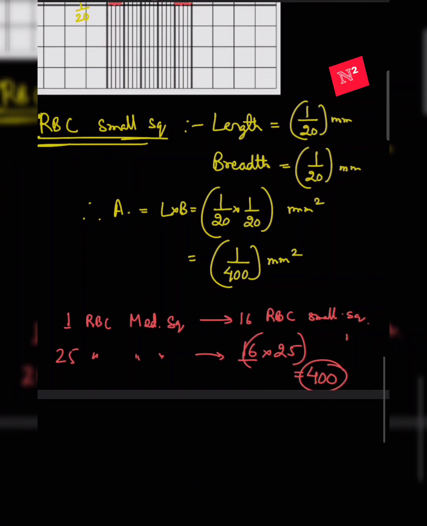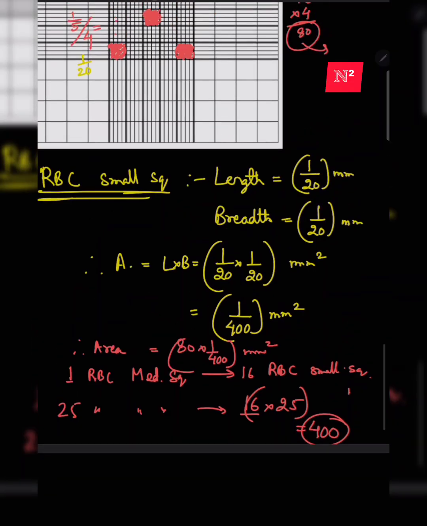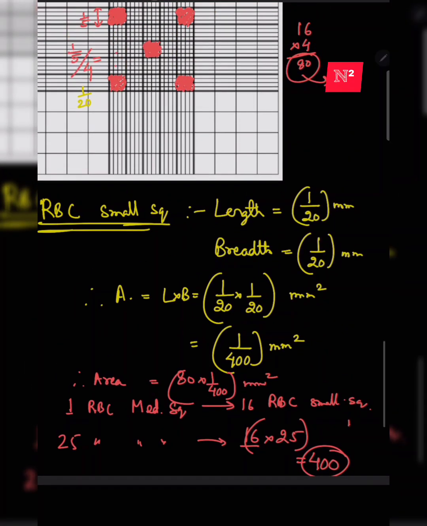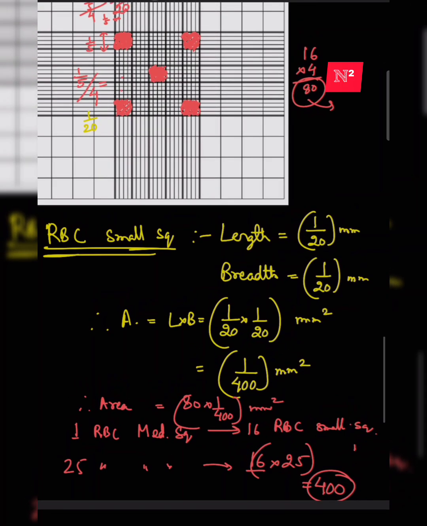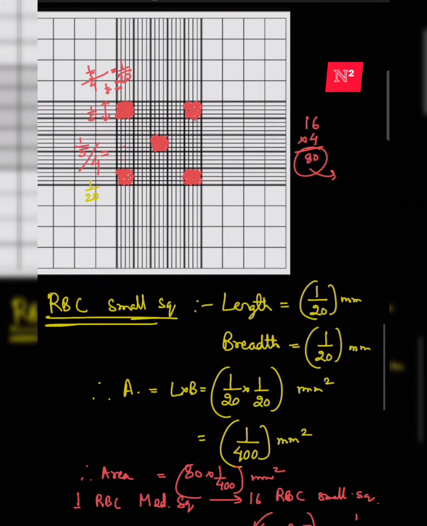So what will happen to the area? Actually we are counting this much area, so 80 times 1 by 400. This is the area of the Neubauer counting grid.